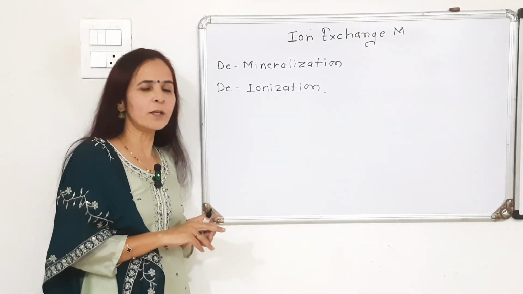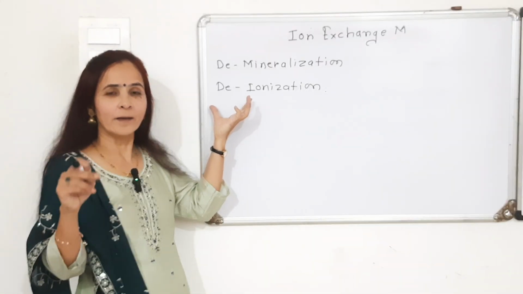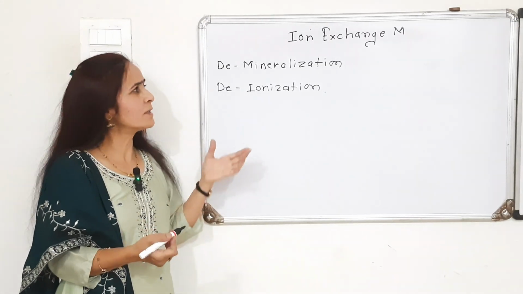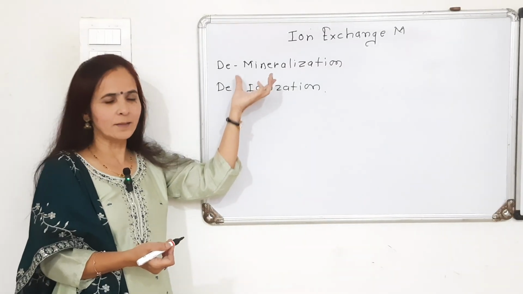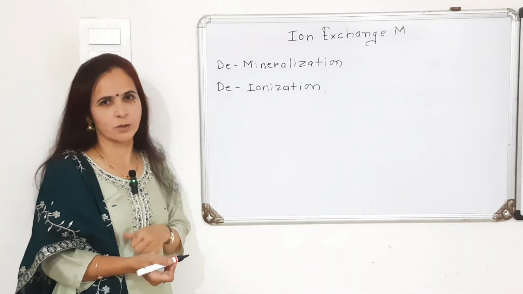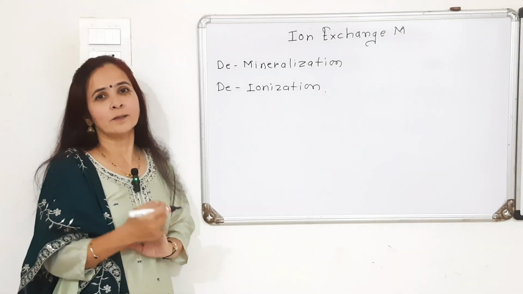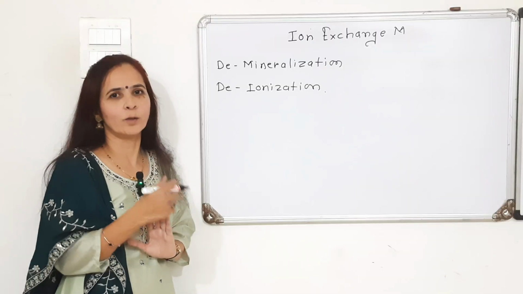For MCQs, a question may be asked on this part, that is, the ion exchange method is also known as dash. It may be demineralization or deionization. In the ion exchange method, ion exchanger resins are used for softening the hard water.